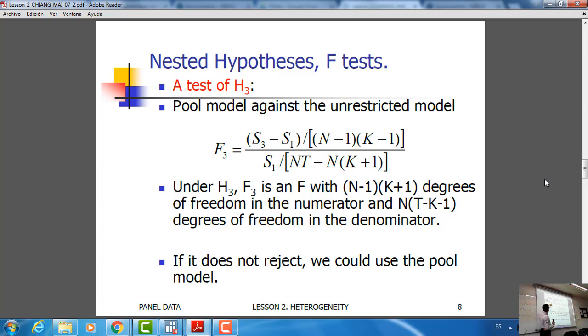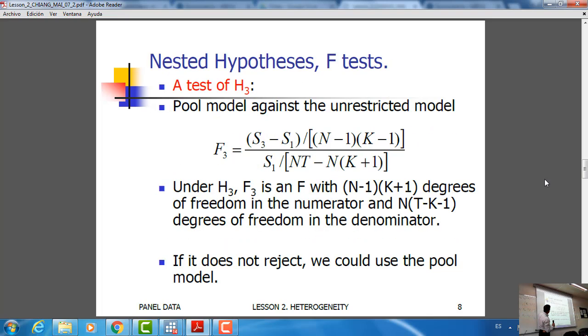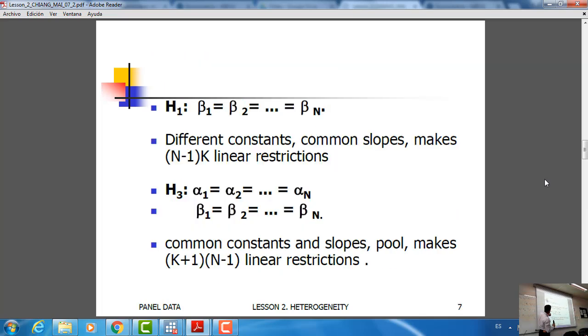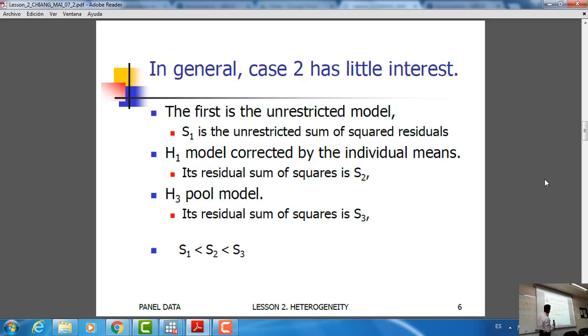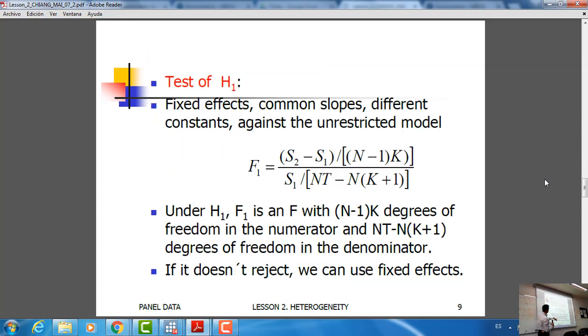Let's see what H3 was before. Let's go up. Let's look at the formulas. Okay, so now let's look at formulas like this.